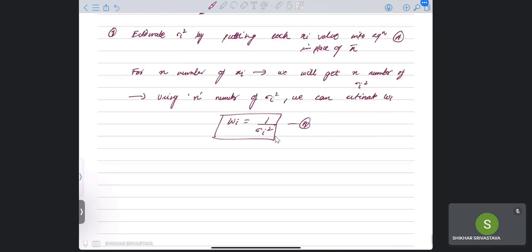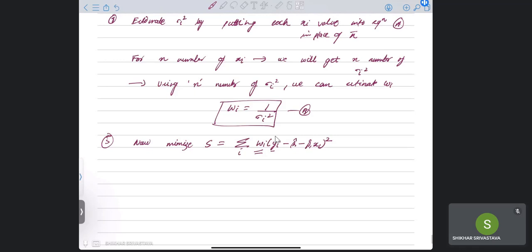Now minimize S, which is equal to the sum of Wi times yi minus beta naught minus beta 1 xi, squared.